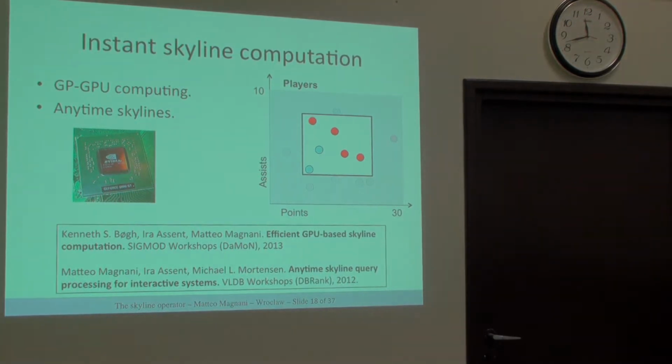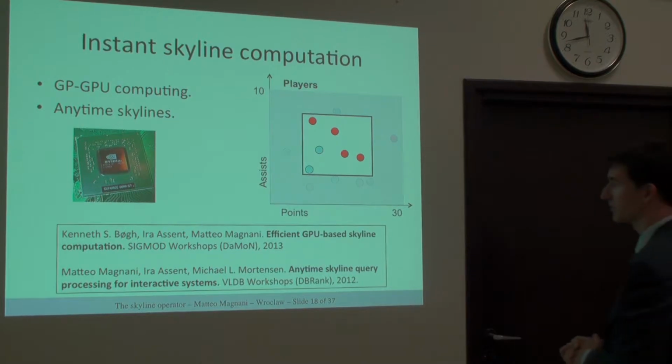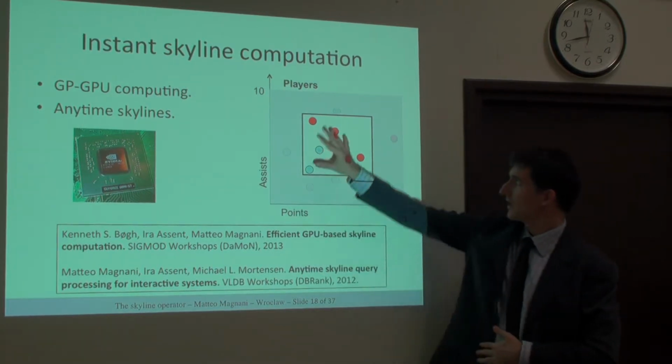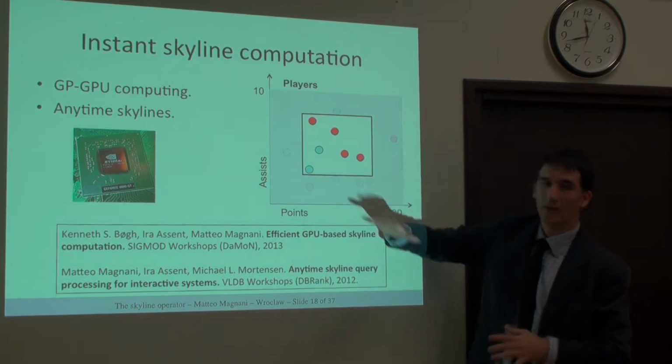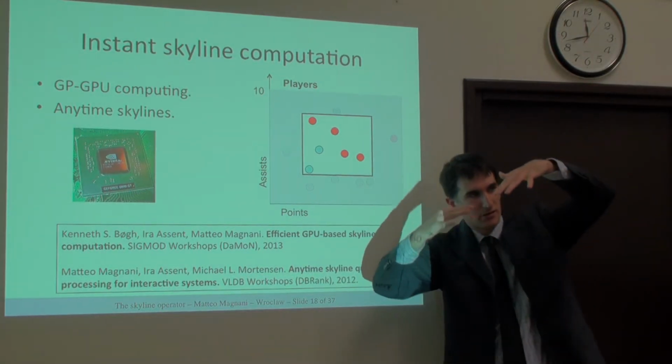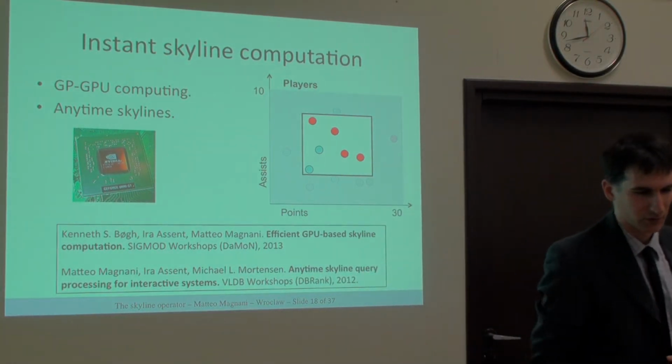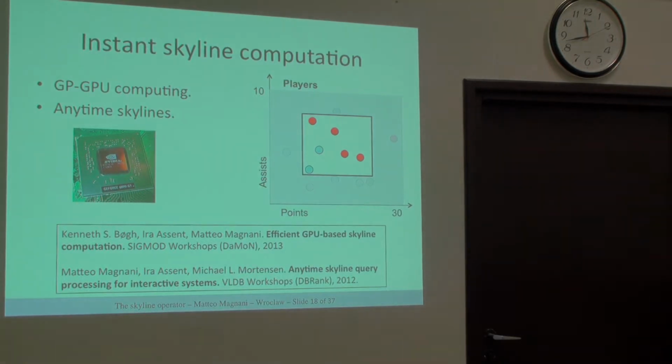Give me what you have. And the algorithm will give you something that is not guaranteed to be the best result, but is guaranteed to be the best thing the system could do with that specific budget in computing time, for example. So this is another version, where you have an approximate skyline that changes in time and becomes closer and closer to the final one.